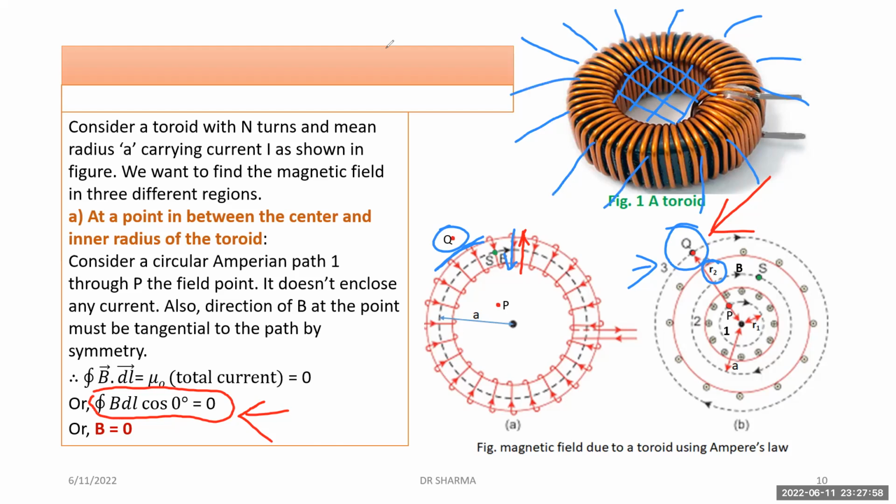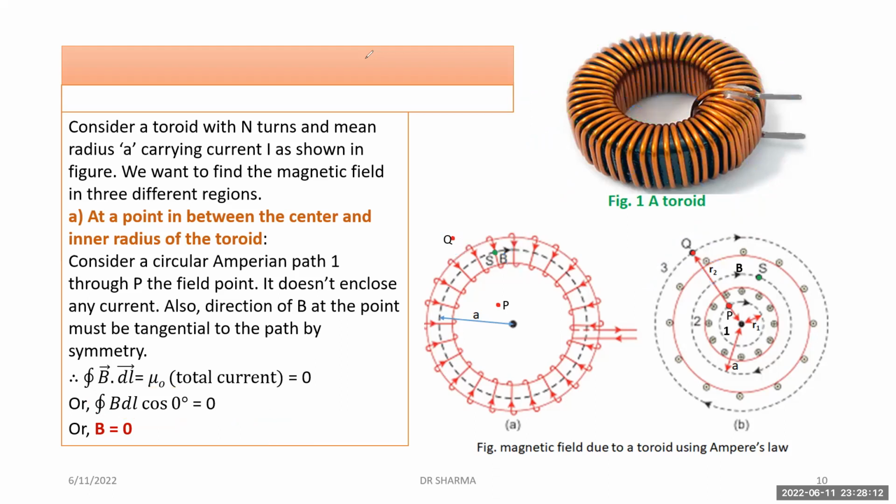Now we are left to calculate the magnetic field inside the toroid, that means in between the inner and outer radius of the toroid. For this case, the Amperian loop is a circle of radius a that passes through point S. This Amperian loop encloses total current N times I, where N is the total number of turns in the toroid.